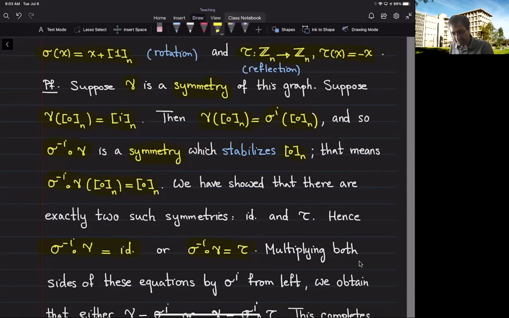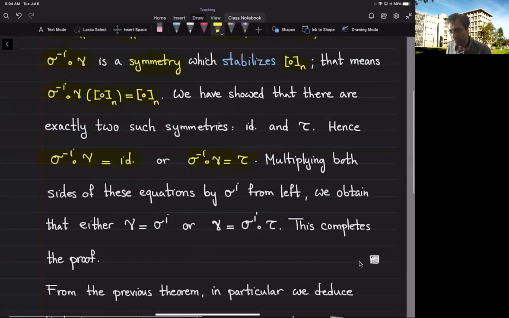We single it out by multiplying both sides by sigma to power i. By doing so, we get that gamma is either sigma to power i, or sigma to power i applied to tau. This shows that every symmetry is one of these.